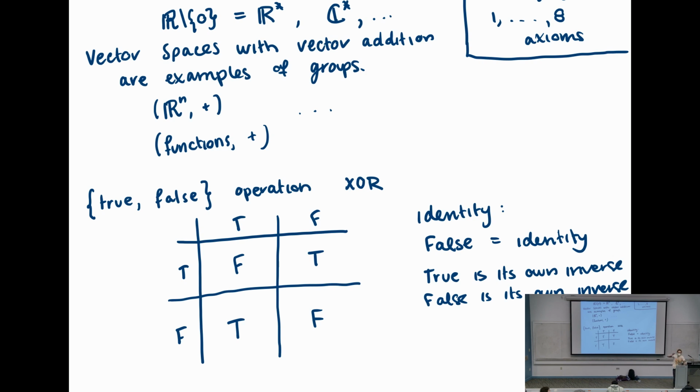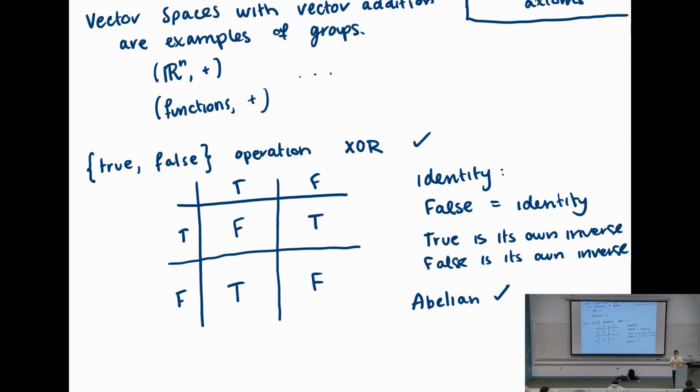Yeah, this looks like a group to me. So this is an example of a group. Is this group abelian? Yeah, this one is abelian, and we can see that just from the table because false true is the same as true false. We get true in both cases. So this is abelian. And this is called a multiplication table.